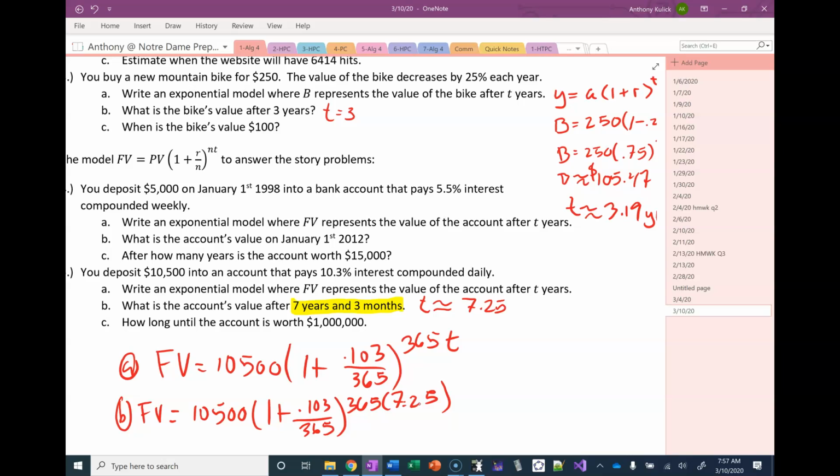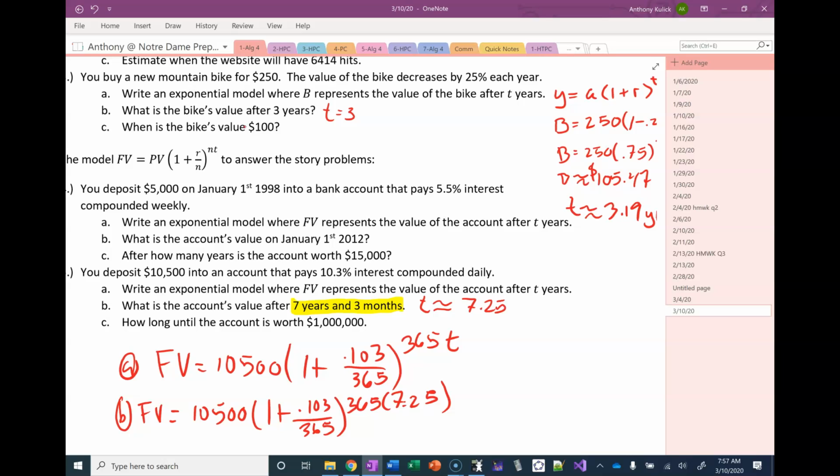So we need to figure out that 3 months is a quarter. T is time in years in our formula. So I had to rewrite 7 years and 3 months as just years. Right? So 3 months is a quarter of a year, because there's 12 months in a year.